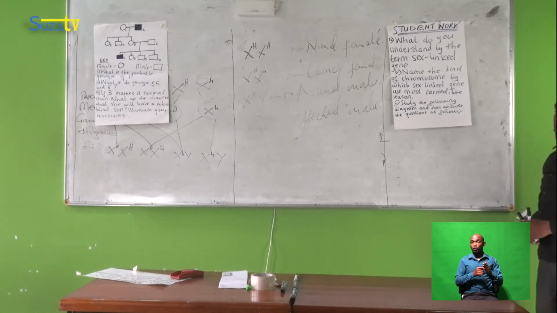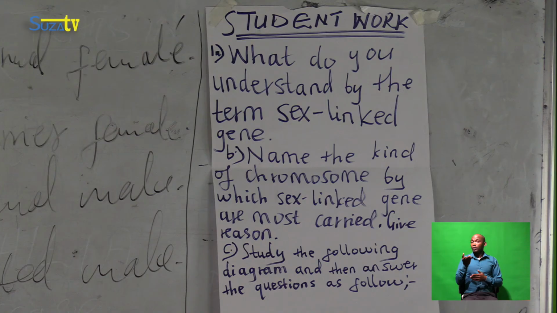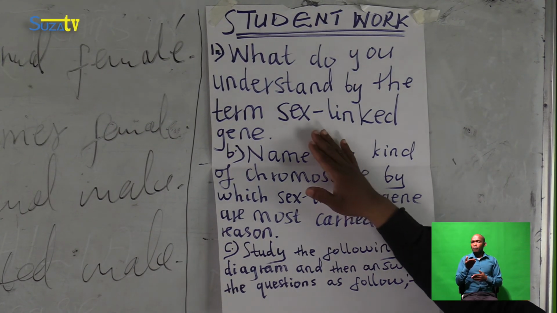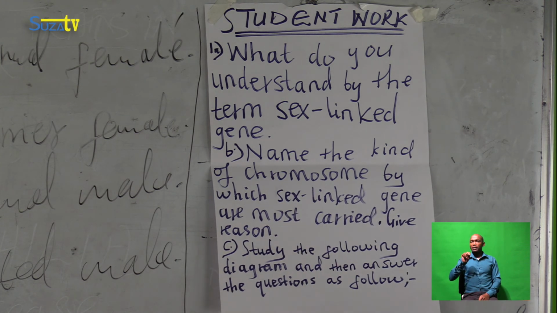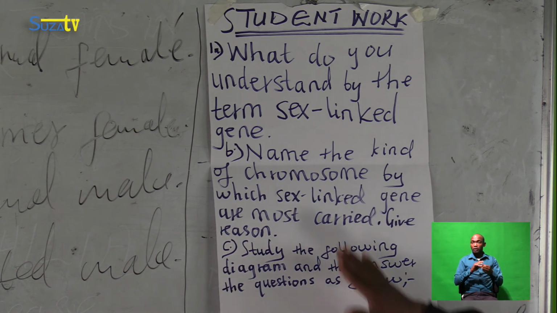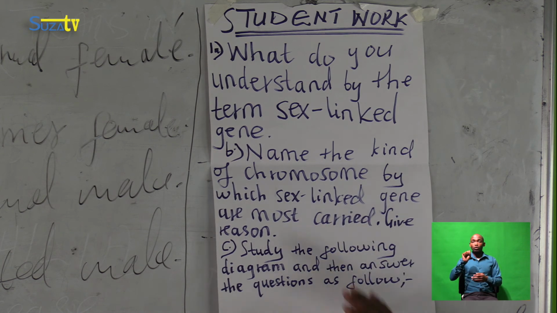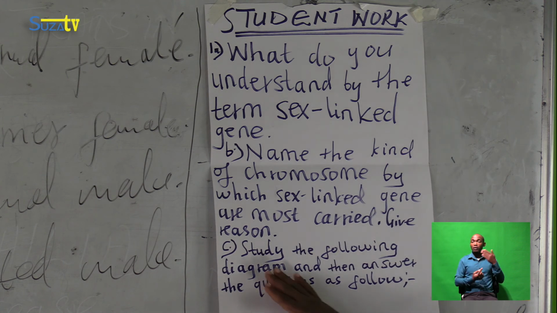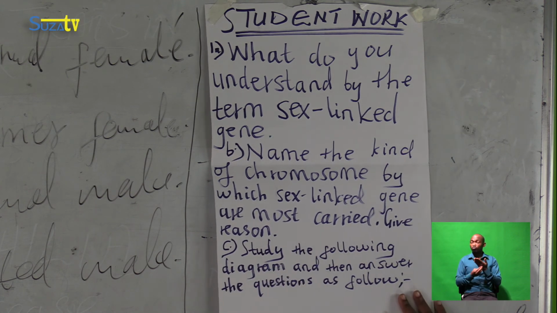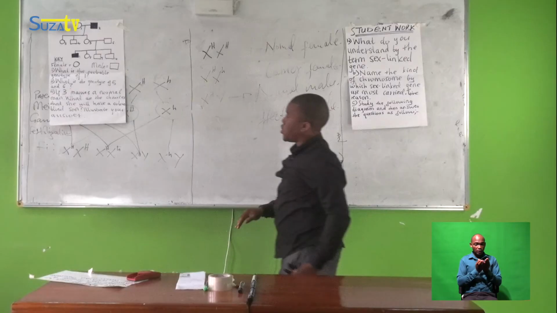You shall submit. A: What do you understand by the term sex-linked gene? B: Name the kind of chromosomes by which sex-linked genes are most carried. Give reason. C: Study the following diagram and then answer the questions as follows.